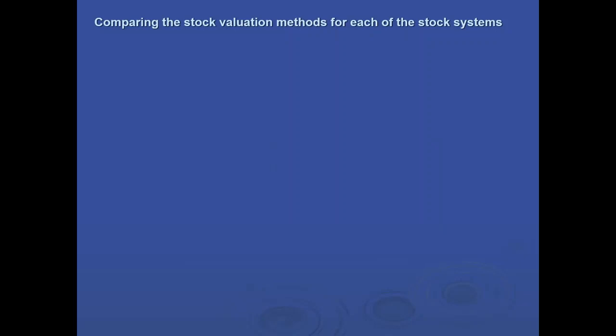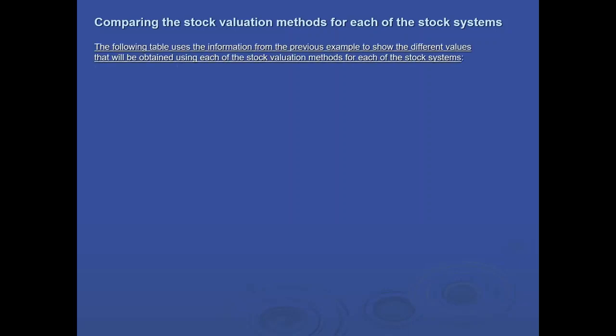So let's compare the stock valuation methods for each of the stock systems. The following table uses information from the previous example to show the different values that will be obtained using each of the stock valuation methods for each of the stock systems. Remember, the stock systems are the periodic and the perpetual.